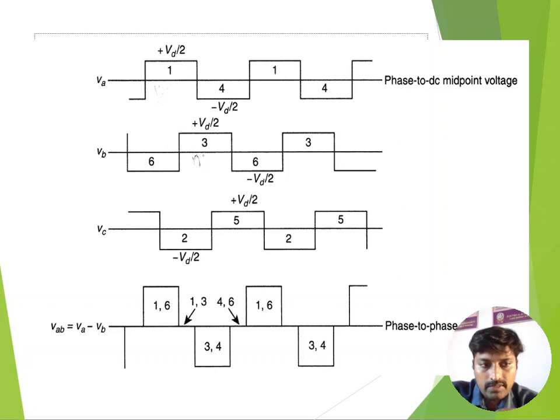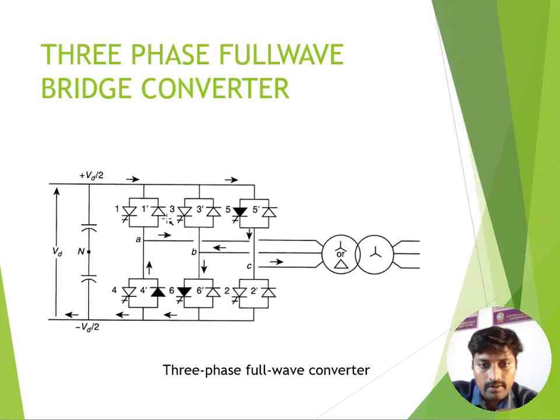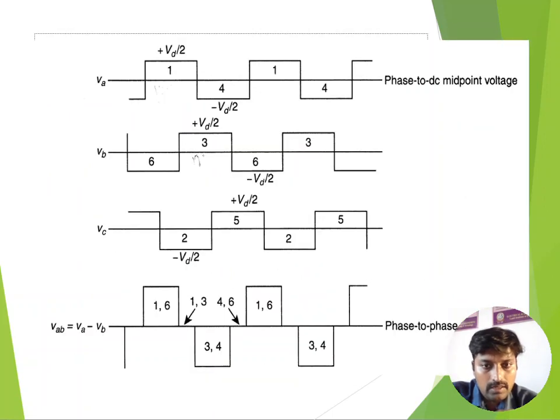See the previous figure: 1 and 4 are connected to phase A, 3 and 6 are connected to B, and 5 and 2 are connected to C. We can represent VA, VB, VC. Valves 1, 3, 5 generate the positive, and 4, 6, 2 generate the negative. Then you can do subtraction or addition like that.